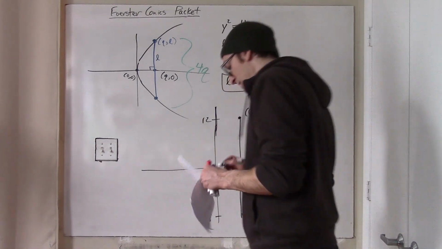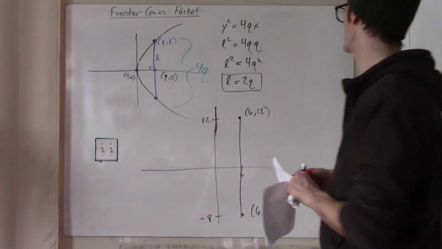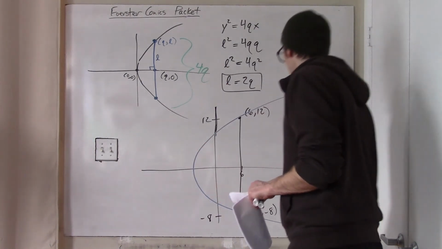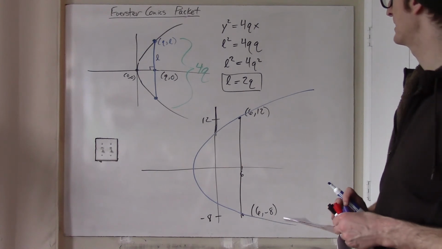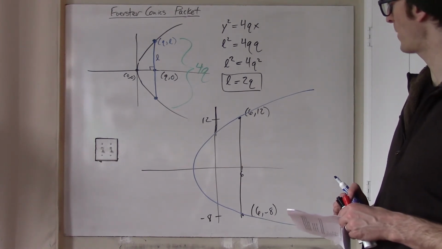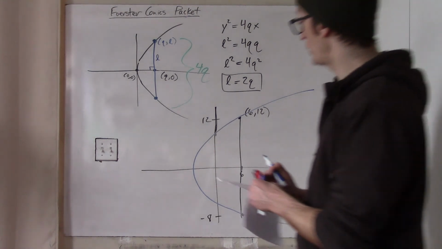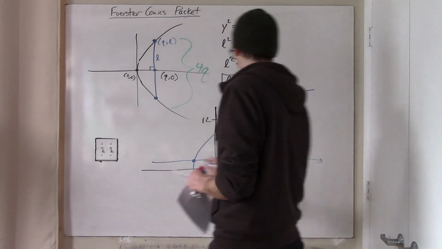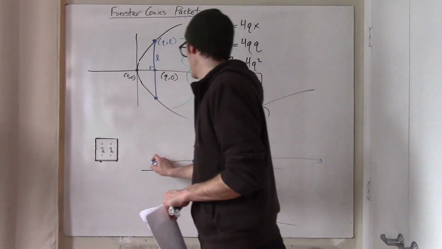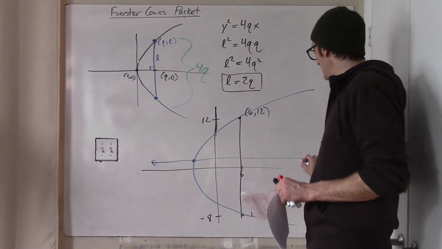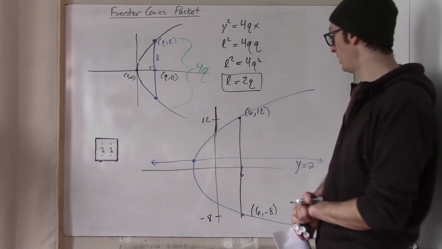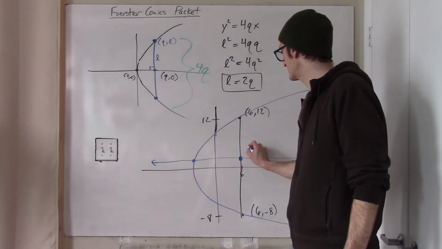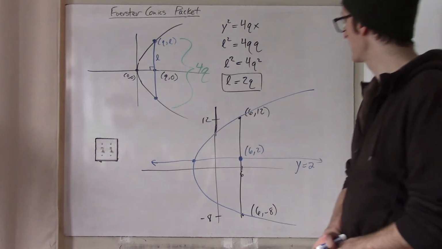Okay, so what that means is kind of an interesting problem. It means that the parabola must be doing some kind of a this, and in fact, let's see, the average of 12 and -8 is 2, so it means that the axis of the parabola is the line y equals 2, because it must pass through the midpoint of this segment, which is 6 comma 2.